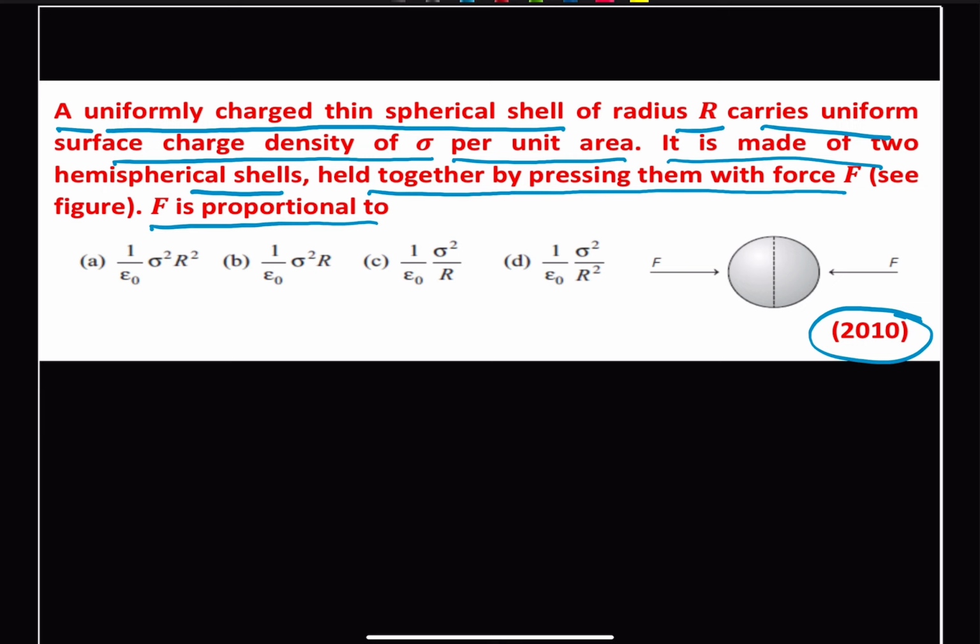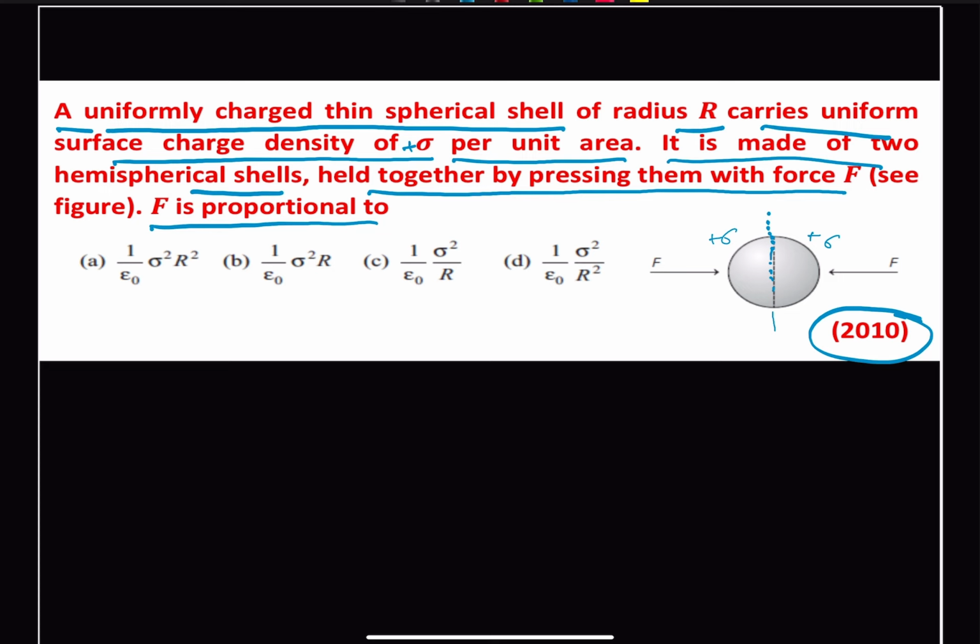So we are basically having two hemispherical shells and they have the same surface charge density. For the sake of convenience, we can assume that it is positive. So here there will be positive surface charge density and here also positive surface charge density, which means both hemispheres have the same charge.